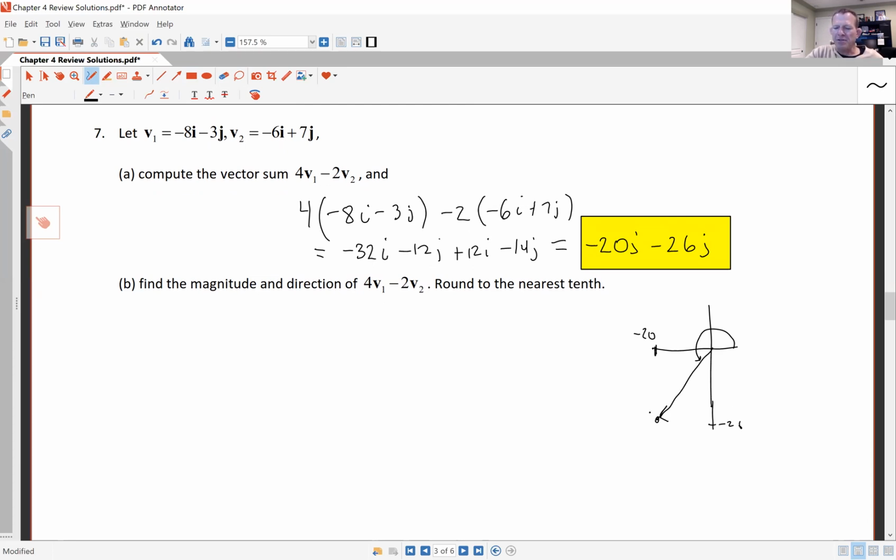And the magnitude of it, if we're going out 20 and down 26, the magnitude of 4v1 minus 2v2 is equal to the square root of the sum of their squares.